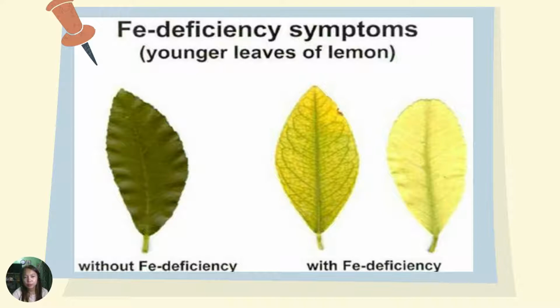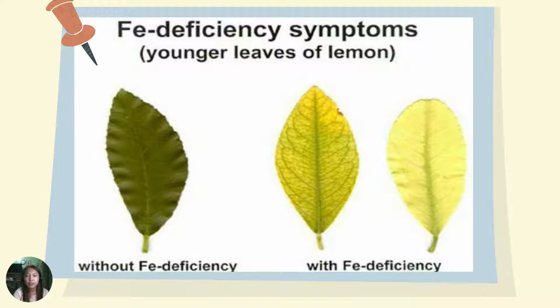So if you put too much iron in plants, or with Fe deficiency symptoms, the younger leaves tend to become yellowish in color. Without iron, it will tend to become somewhat greener compared to the other two leaves here that have iron deficiency.